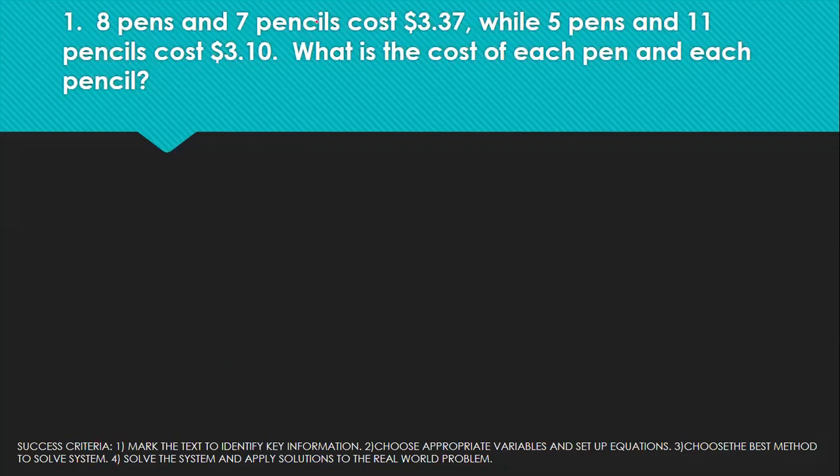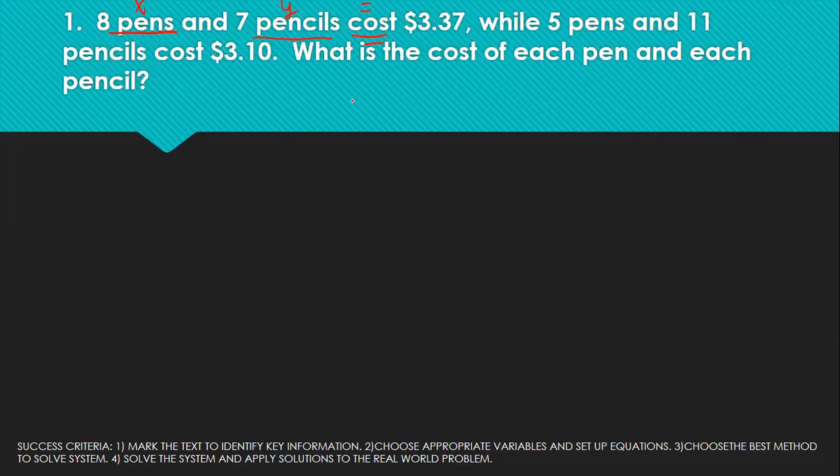So 8 pens and 7 pencils cost $3.37. Pens is my first unknown. Does that make sense? We're going to let that be our X. Pencils is our second unknown. We're going to let that be our Y. And cost means that it has to equal this amount, right?